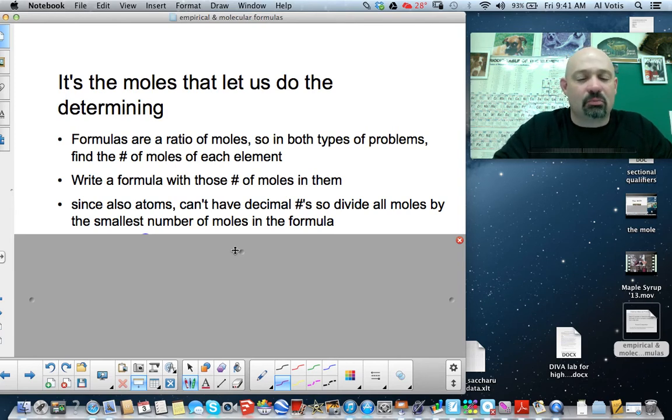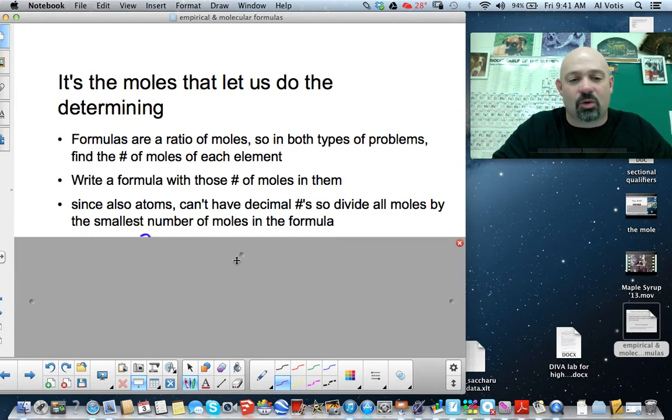Oftentimes that's going to give us a whole number or something very close to a whole number. And we can round to the nearest whole number if we're within a few hundredths. If it's like 1.5 or 1.33 or something like that, we're not close enough to round. We have to do something a little bit more, and you're going to see an example of that shortly.